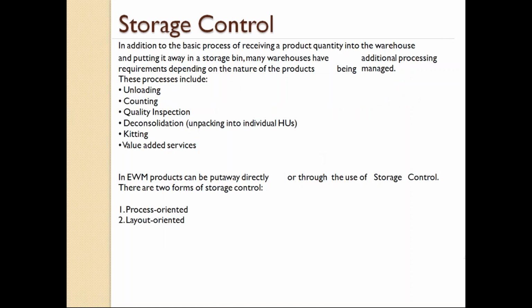So storage control is just additional processing requirements depending on the product and your warehouse. The different processes that are possible are unloading, counting, quality inspection, deconsolidation, kitting, and value added service.